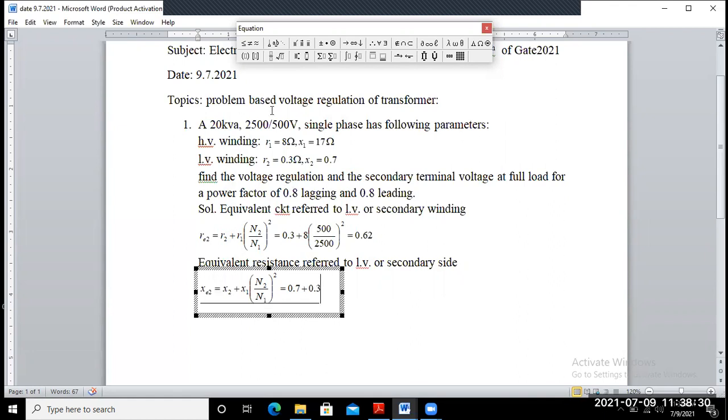So just put here directly 1 by 5 whole square. 500 divided by 2500, that is equal to 1 by 5. So whole square.